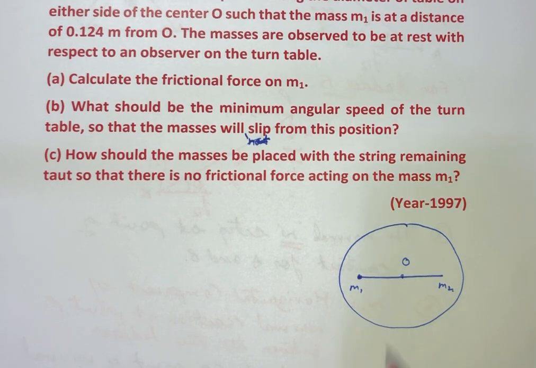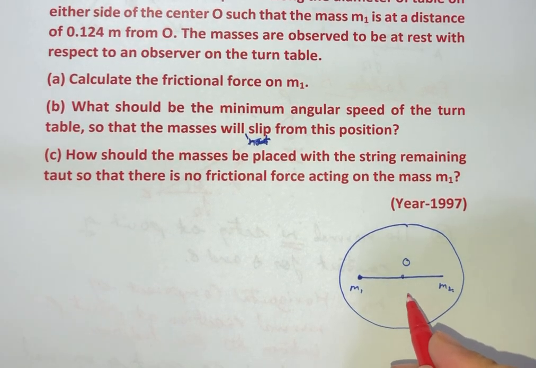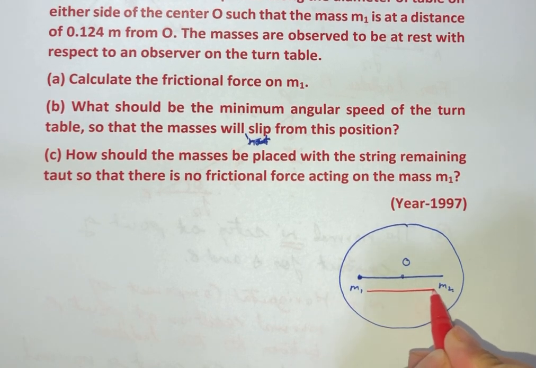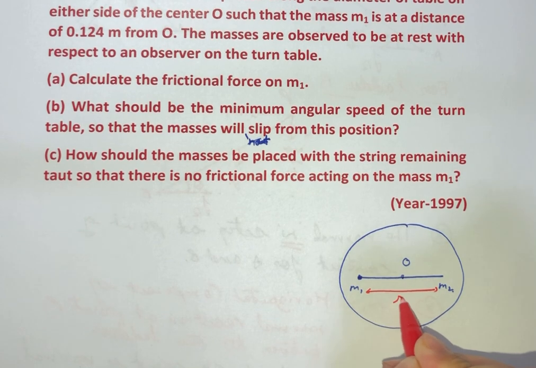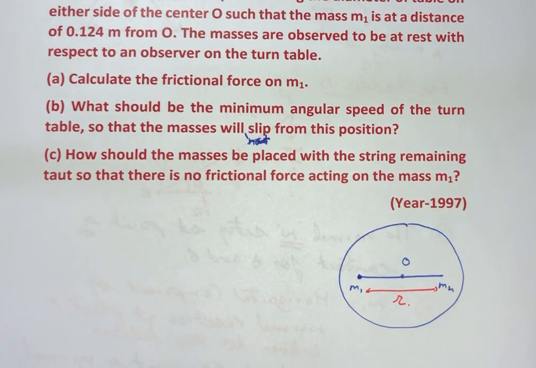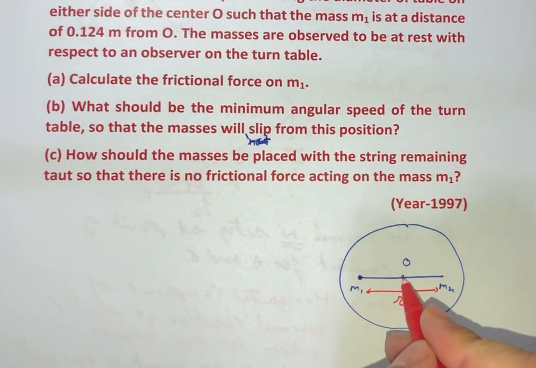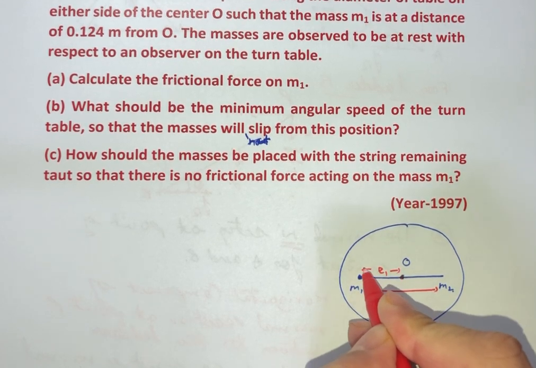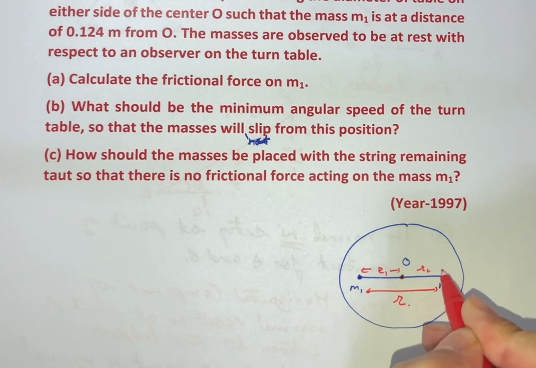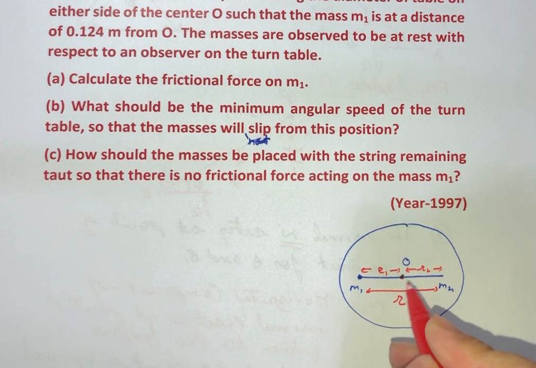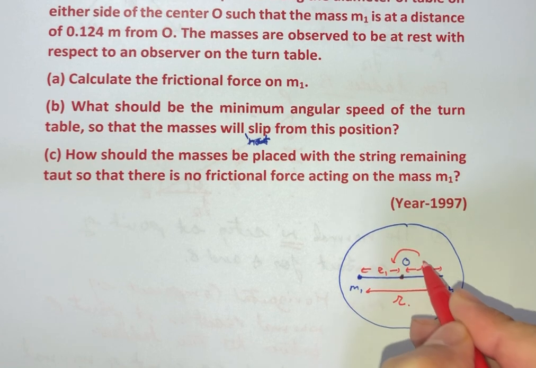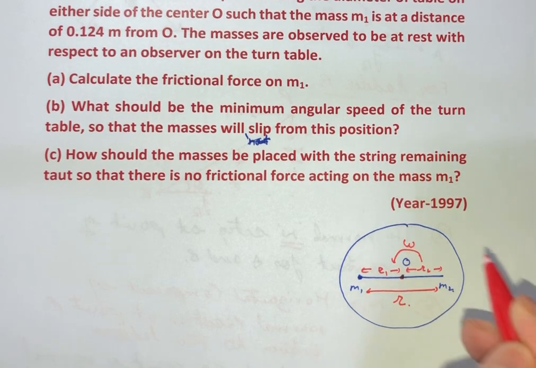And m1 and m2 are at a distance that is given as 0.3 meter, and let us call that r. And the respective distance from the center is r1, and let us call this r2, and it is rotating in this direction with the angular velocity omega.